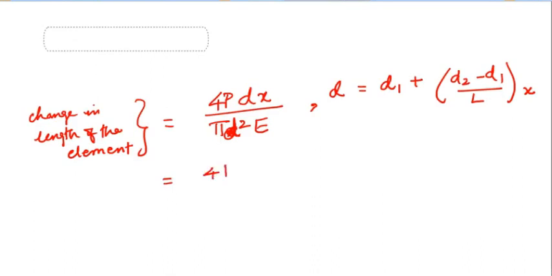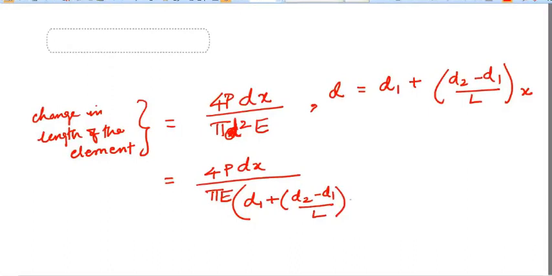So 4P dx divided by pi E into d square. Instead of d, I have to substitute D1 plus (D2 minus D1) divided by L into x, the whole square.